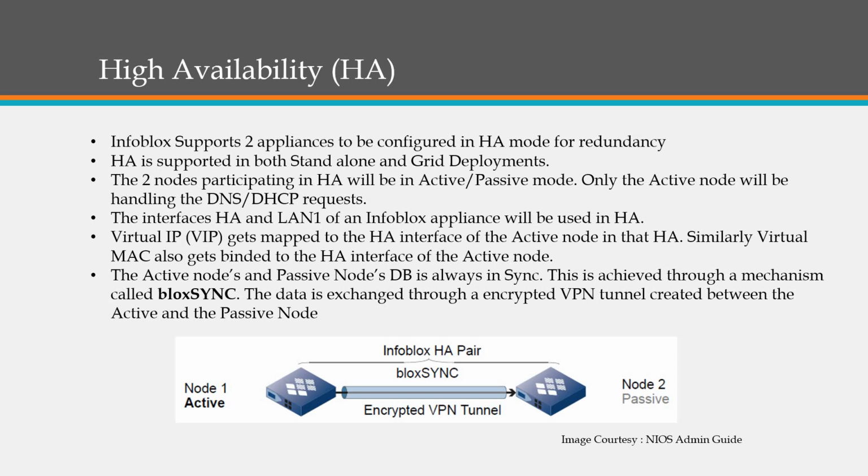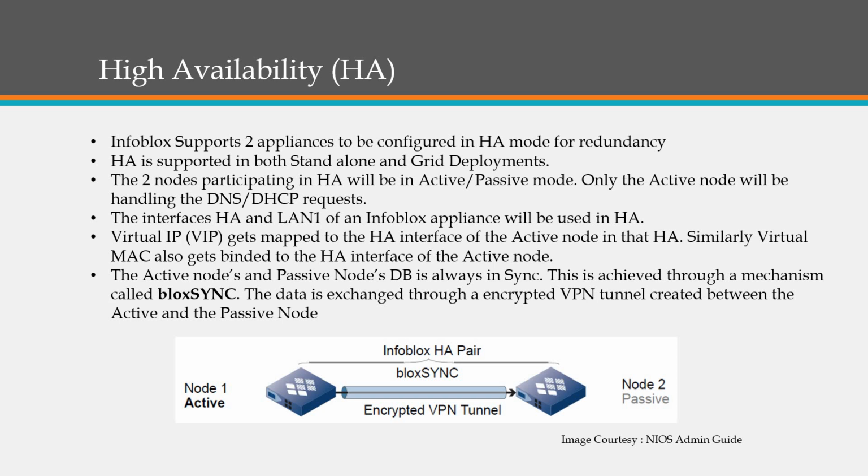Next are the interfaces that will be used for configuring HA. Infoblox has four interfaces: management interface, LAN 1 interface, HA interface, and LAN 2 interface. Out of these four, the HA and LAN 1 interfaces of the Infoblox appliance will be used in HA. Now, the next point: the virtual IP, or VIP, gets mapped.